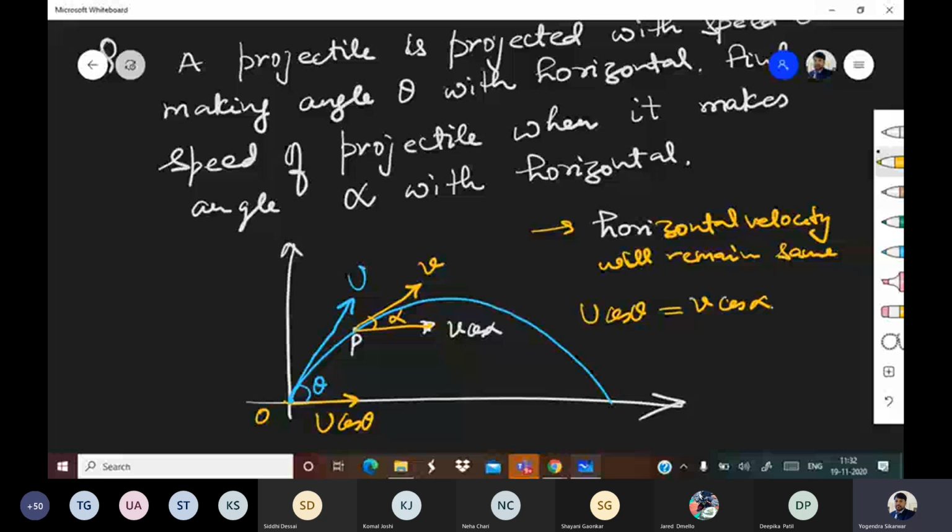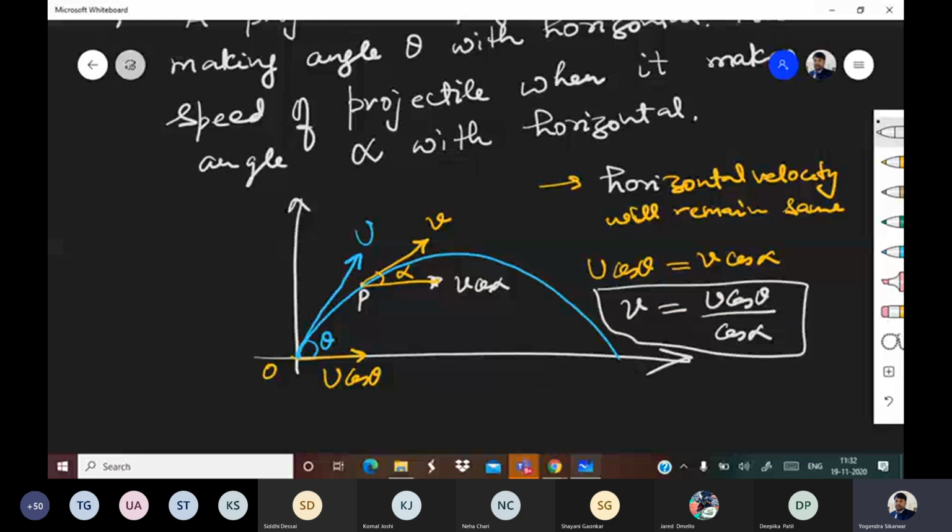If you want, you can write 1 upon cos alpha as sec alpha. So v will be u cos theta into sec alpha. These will be the answers. Okay. Any doubt, any question? Good.